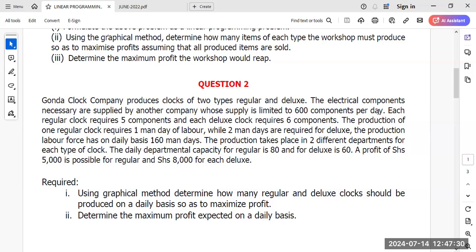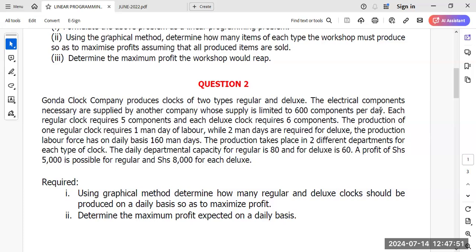What comes into your mind? The electrical components necessary are supplied by another company whose supply is limited to 600 components per day. What comes into your mind?